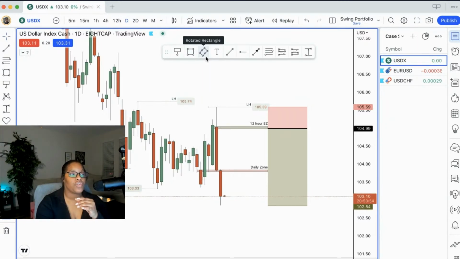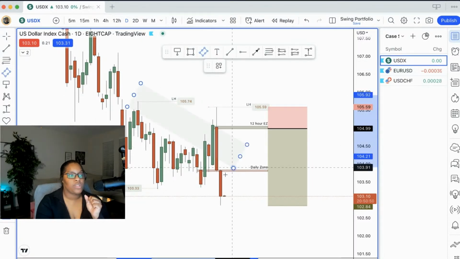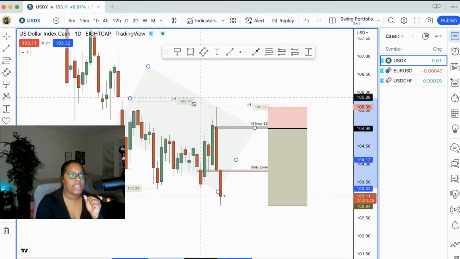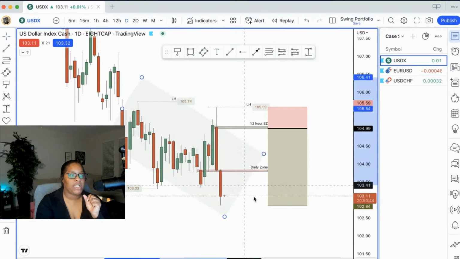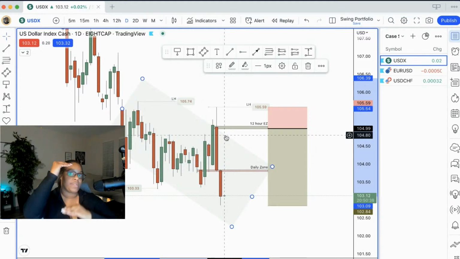So instead of using a trend line or two trend lines, I like to actually use this tool to highlight what the volatility is whenever price is trending up, when it's trending down. I don't use it horizontally because I'm not a support and resistance trader, nor am I a consolidation trader. And so I try to be careful with that.